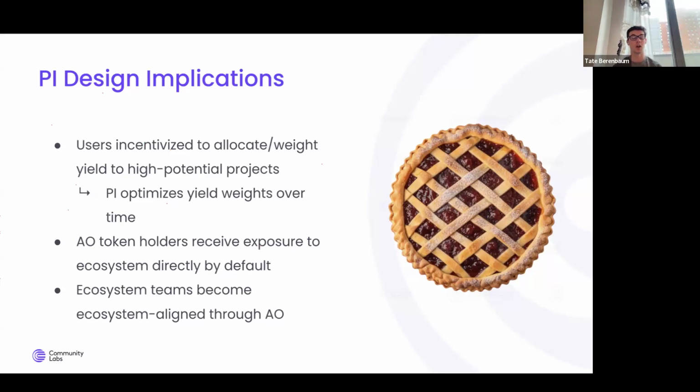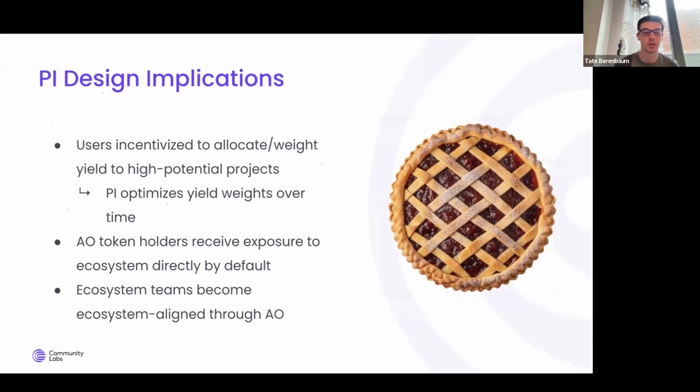AO token holders are also by nature, by default, receiving exposure to the ecosystem directly. That's really cool because if you hold AO tokens, now you're able to get exposure to people that are actually building on AO rather than just having the AO token itself.